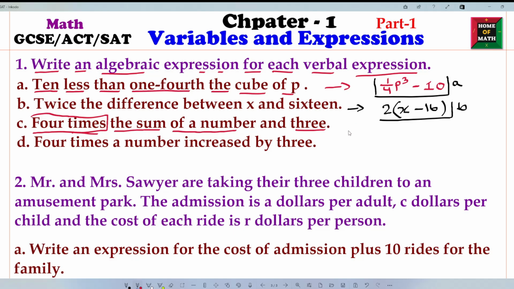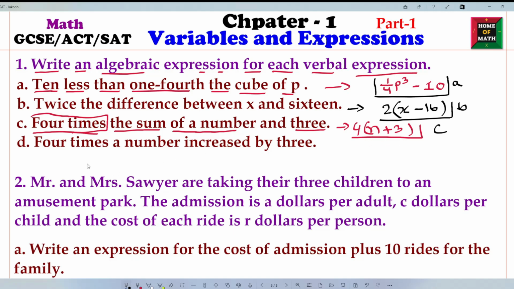So we think the number is n, then plus 3, then 4 times. Okay, this is number C. 4 times n plus 3.